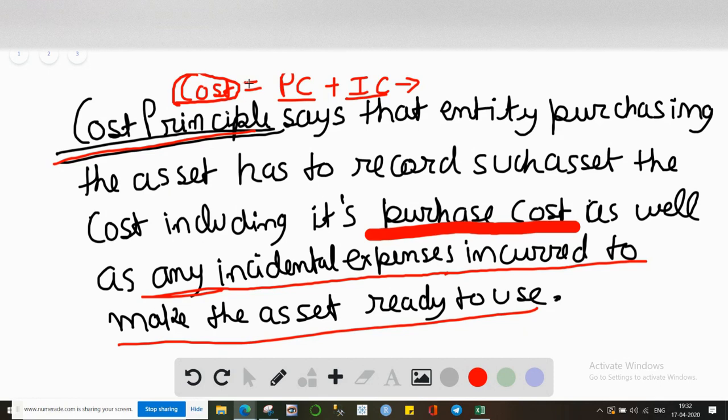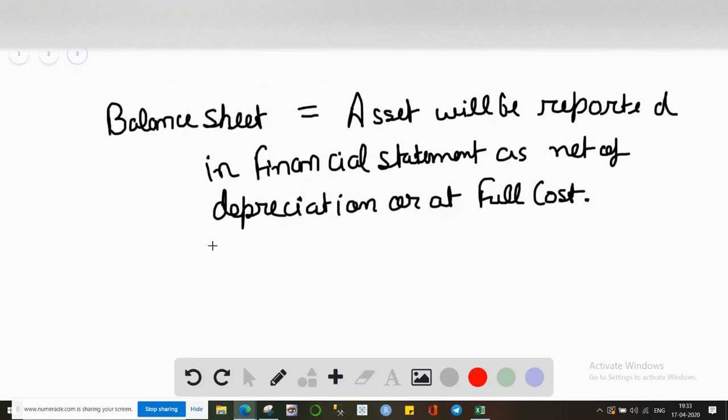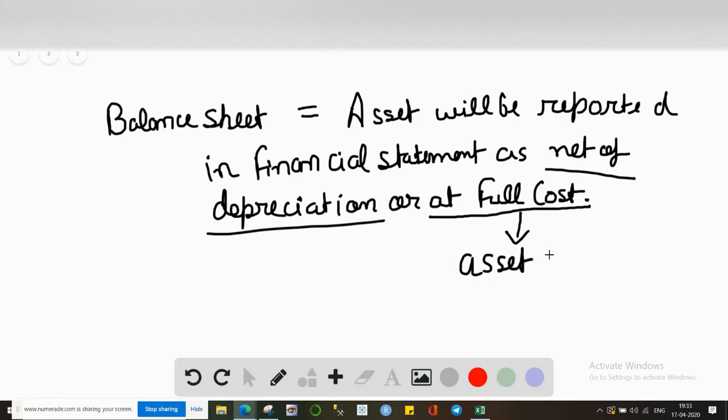Okay, after that, what the balance sheet says is net of depreciation. Depreciation is just an amount which is charged every year to reflect that the actual value of the asset depreciates on a per annum basis, annually we can say. And if depreciation is not charged, then at balance sheet level your asset has to be stated at full cost, the cost at which the asset has actually been purchased.